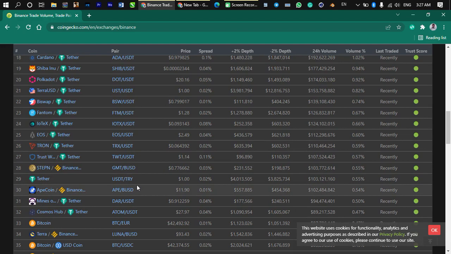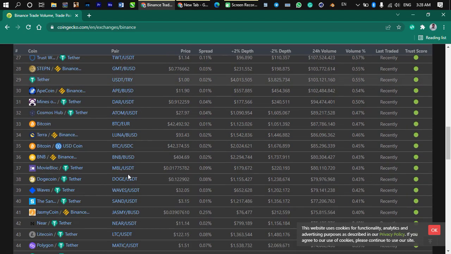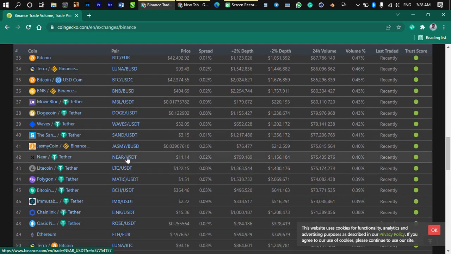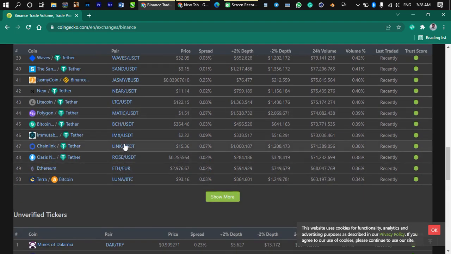They are just newly added coins. Ape is a newly added coin. MPL is a newly added coin, and I'm very sure it will move. Waves, Sand, Jasmine coin, take a look at this. Immortal. These are new coins on the Binance platform.